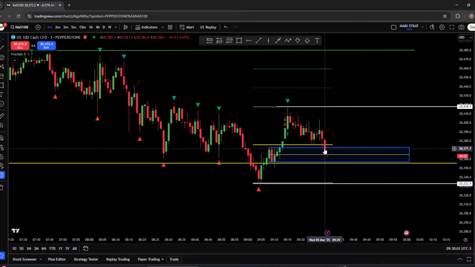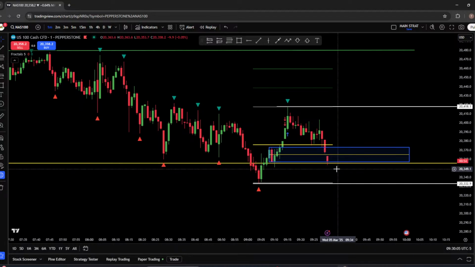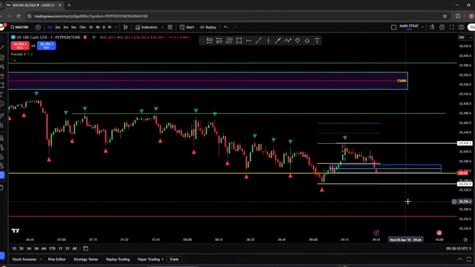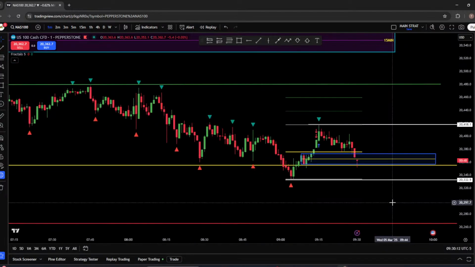Get into that 9, so it's almost 9:30. Actually, the 9:30 candle is printing now, so let's see what we'll do here.